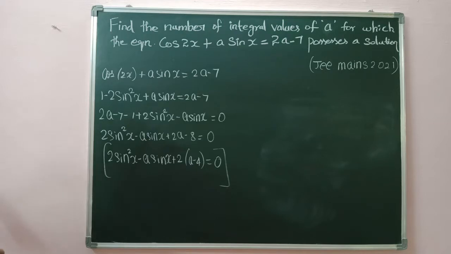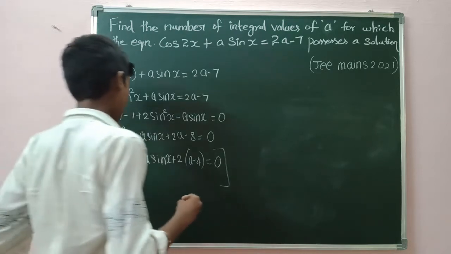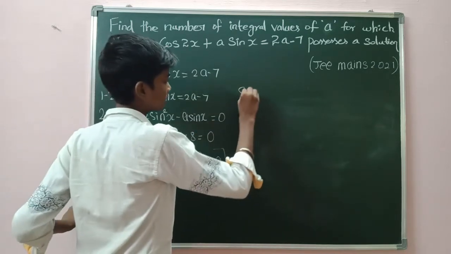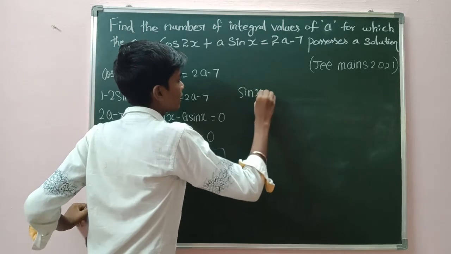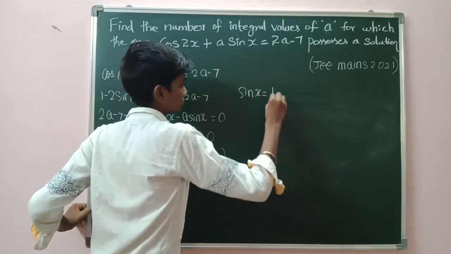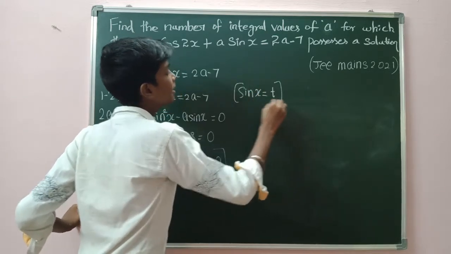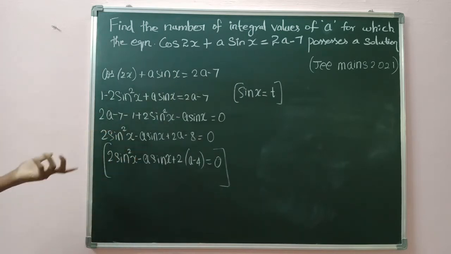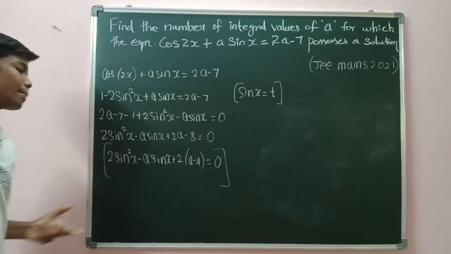How I am going to solve this equation is, here I'm going to take your sin x as t. Because here we are having 2 sin square x minus a sin x plus 2 into a minus 4.